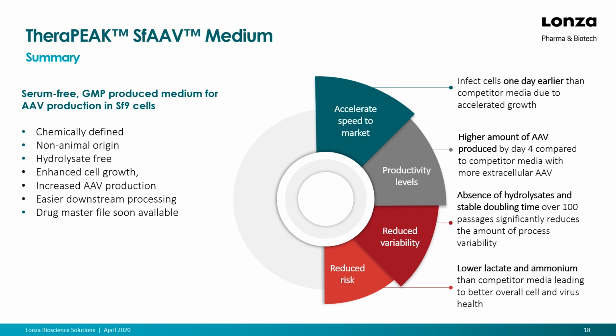You have reduced variability due to the lack of hydrolysates and the stable doubling time. It's also reduced risk for your overall process because of the lower lactate and ammonia found, which promotes better overall cell and virus health when using TheraPEAK SfAAV.